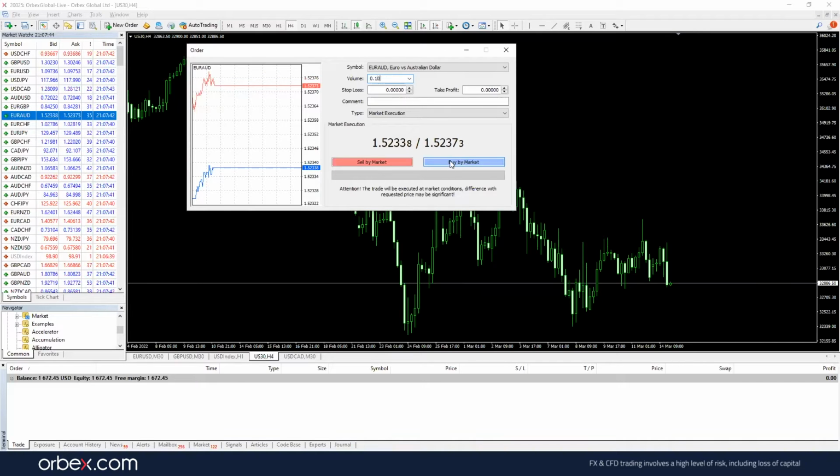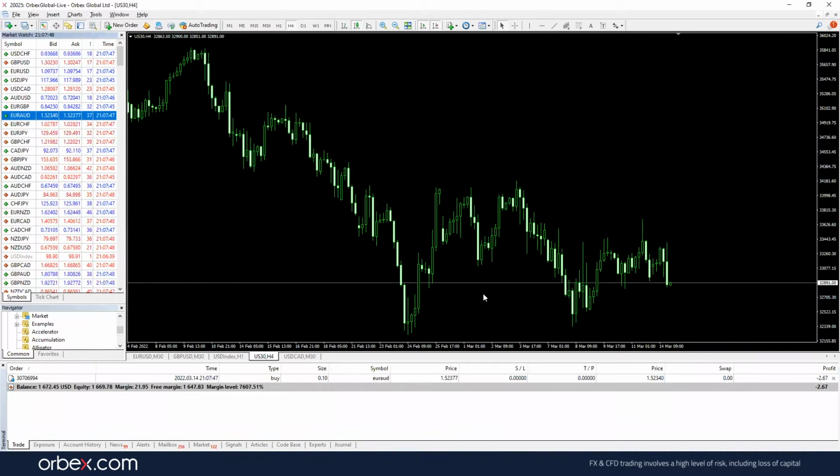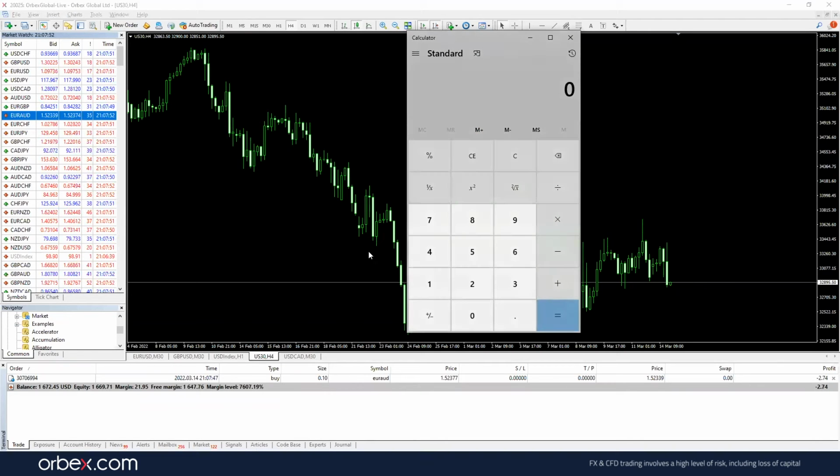I'll open a smaller lot size just so that I'm not losing too much money on the examples that I'm giving, and my demo account won't go down too far. So again, we've got 1.52377. And we're going to multiply that by 10,000 because I've got a 0.1 trade open, divide by 500, and I've got 30.47.